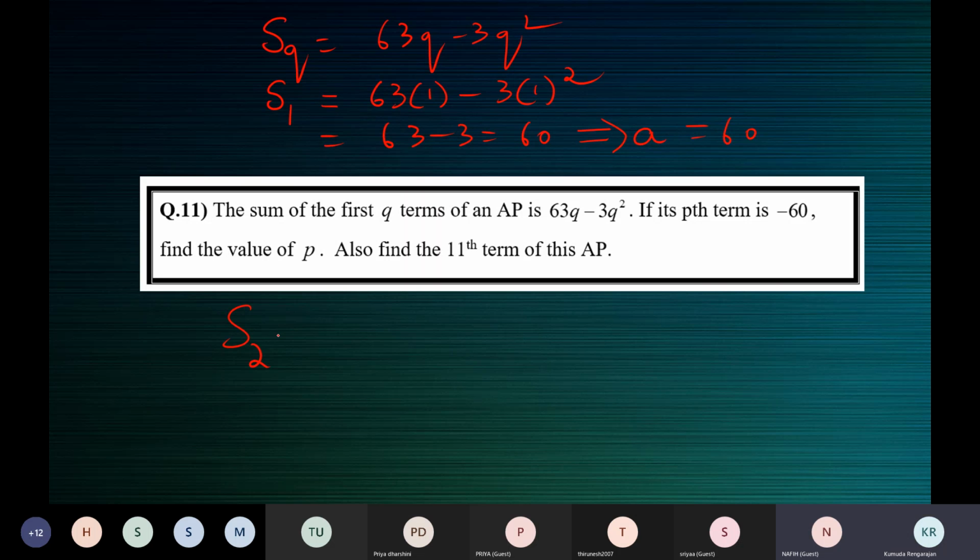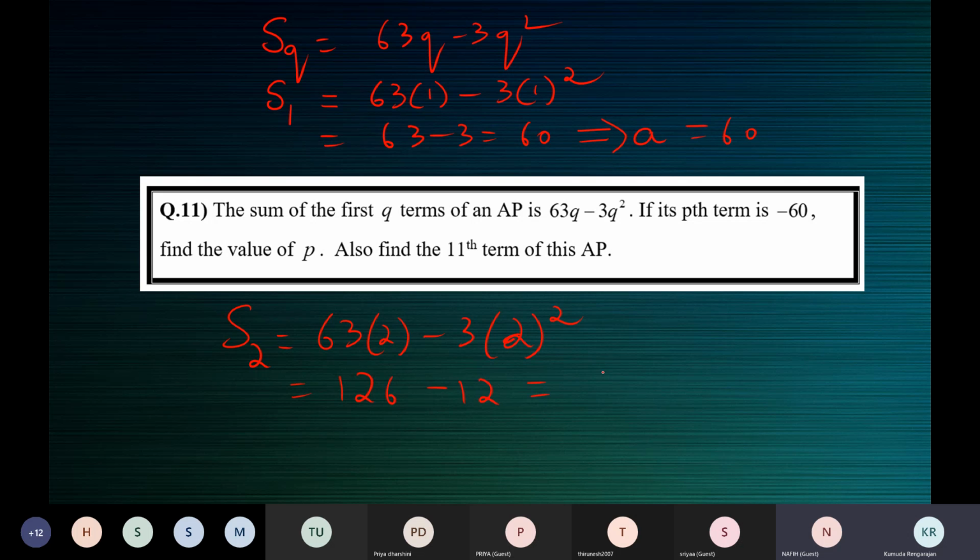Next, let's find S2. S2 will be 63 into 2. Wherever there is q, use 2. So 63 into 2 is 126, minus 4 3s are 12.